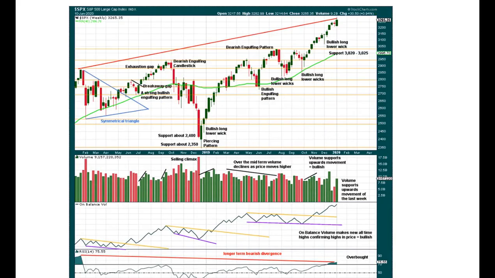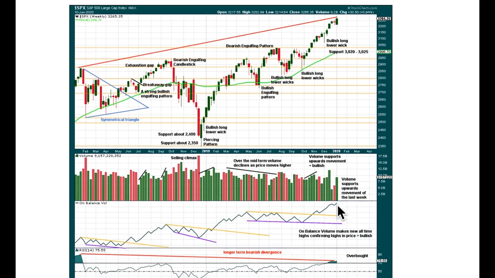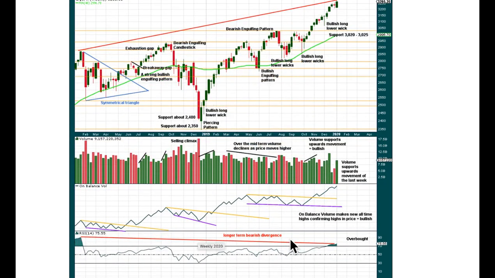At the weekly chart level, this week completes an upward week, a higher high, a higher low. It has some support from volume. This is bullish. On balance volume makes a new all-time high with price. This also is bullish. There is longer term bearish divergence between price and RSI. This is hopeless as a timing tool, but it would tend to support the view that a fifth wave is coming to an end.